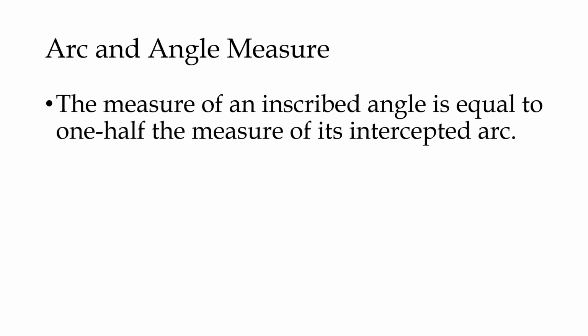Now, what is the rule or theorem of arc and angle measure? The measure of an inscribed angle is equal to 1/2 the measure of its intercepted arc. So again, the measure of an inscribed angle is equal to 1/2 the measure of its intercepted arc.